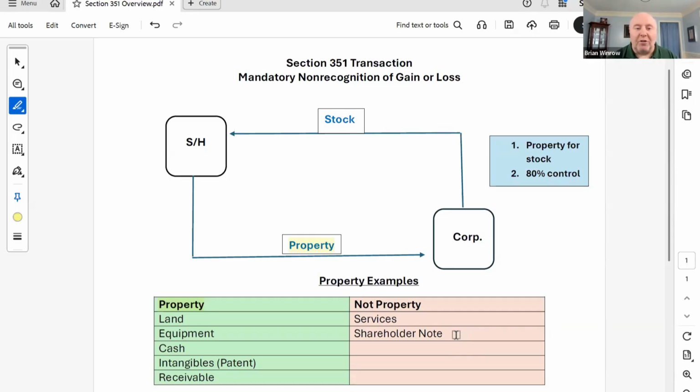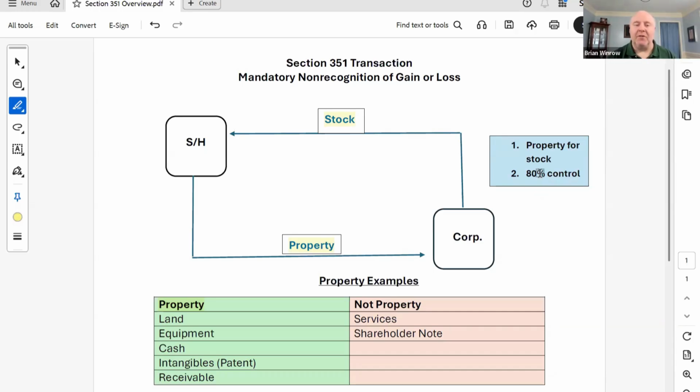right? So, Section 351, you have to be putting in property for stock. So, we have to have property for stock. All right, so for a Section 351 transaction, that's the first requirement, property for stock. The second requirement is we have to have 80% control.